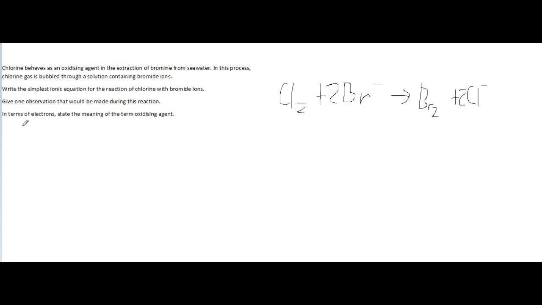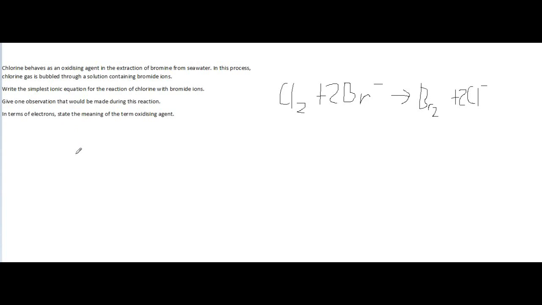One observation that will be made during this reaction: bromine in its natural state is a reddish brown liquid, so the solution would change to reddish brown. And the final question: in terms of electrons, the meaning of the term oxidizing agent.